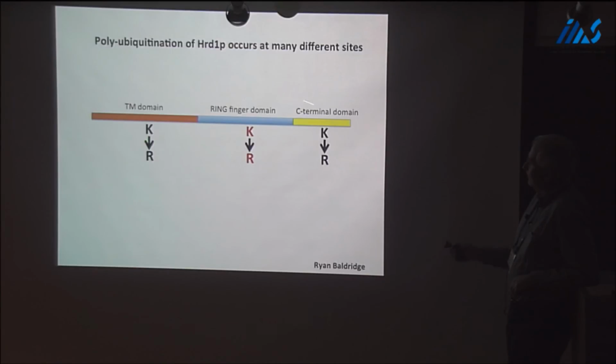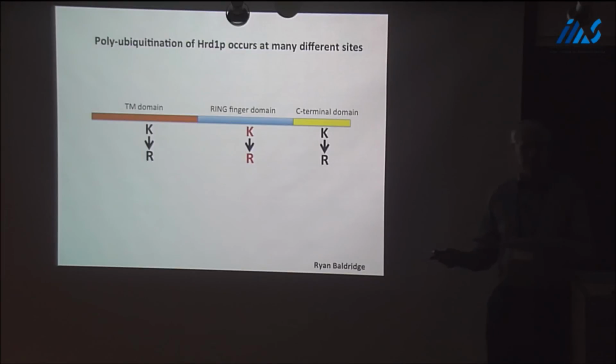We divided the protein into 3 domains: the transmembrane segment, the ring finger domain, and the C-terminal domain, and then mutated the lysines to arginines in each domain. So we have mutants in which only those lysines are mutated, another mutant in which you have all the lysines here mutated, and another one in which we have them all here mutated.